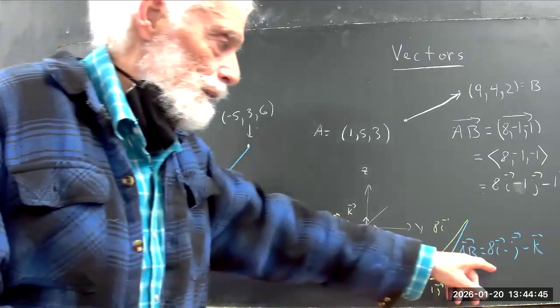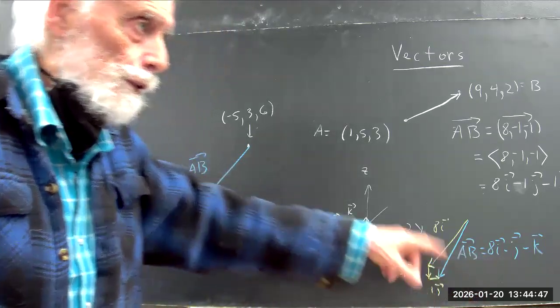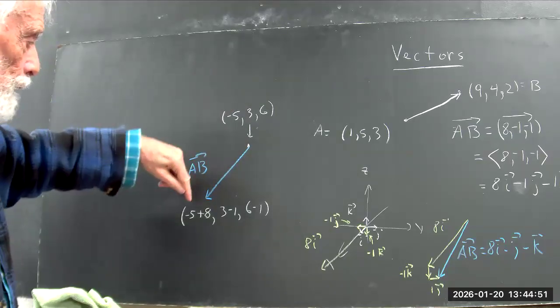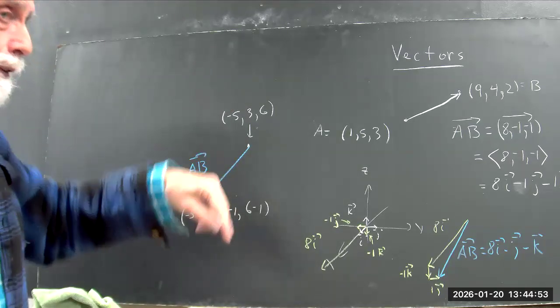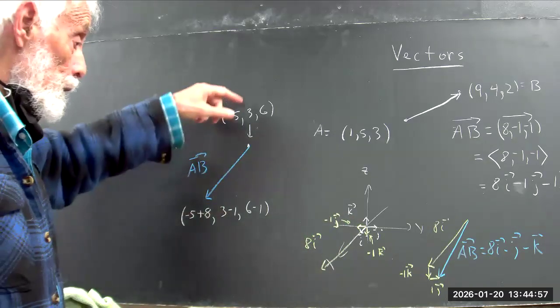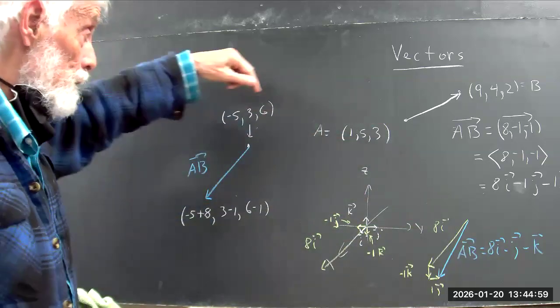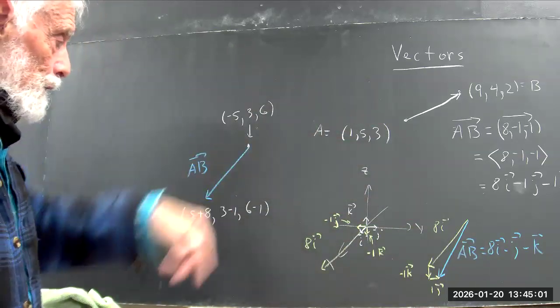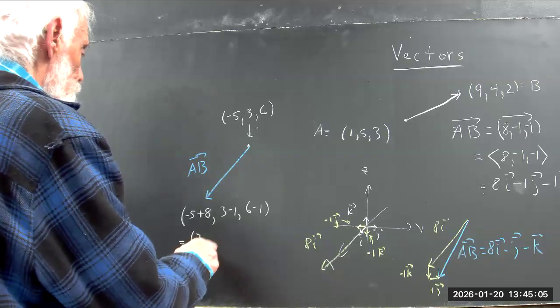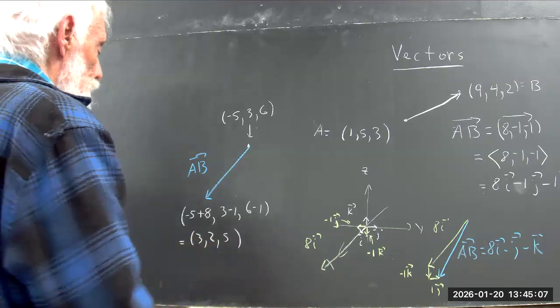Because it moves us 8 units in the x direction from negative 5, puts us at negative 5 plus 8, which is 3. Negative 1 unit in the y direction, because that's what the vector does. And similarly in the z direction, we get then the point (3, 2, 5).